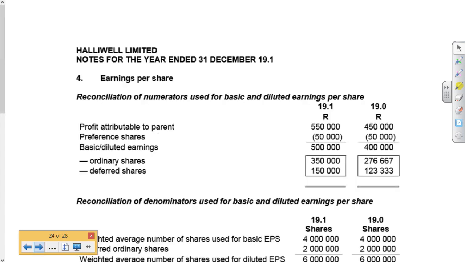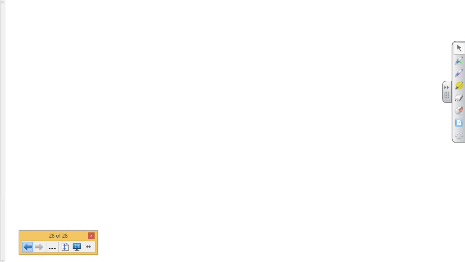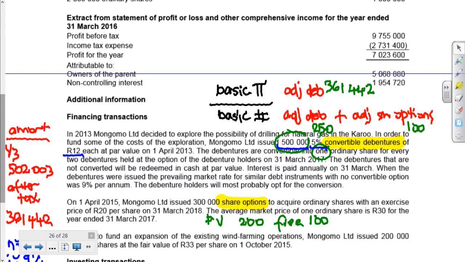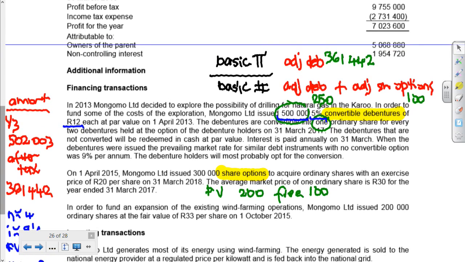So this is where we were. We had worked out our adjustments. You now need to do sequence, and then you need to do your final dilution table, and you need to check if there's any anti-dilution. I'm guessing probably not. And you have to start with the numbers from last week. Who has them handy, the numbers from last week?